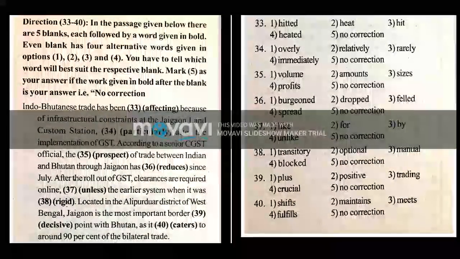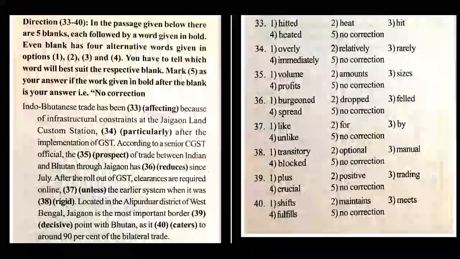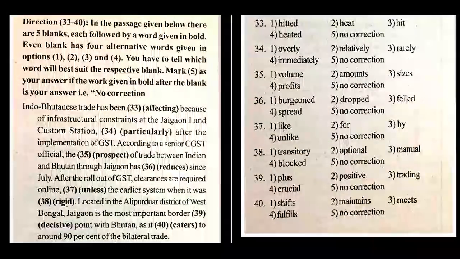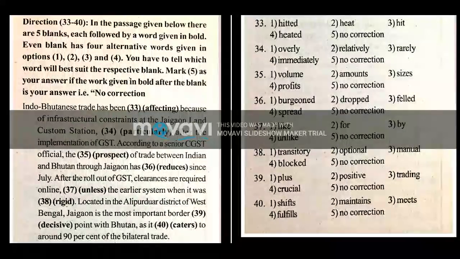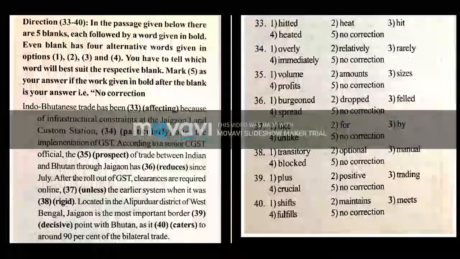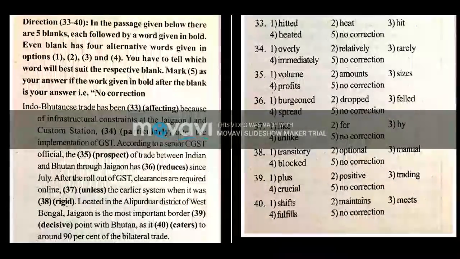Second, it tests whether students are able to find different meanings of words given in the options. That means you will have 4 to 5 different options. Sometimes all options will seem pretty similar.